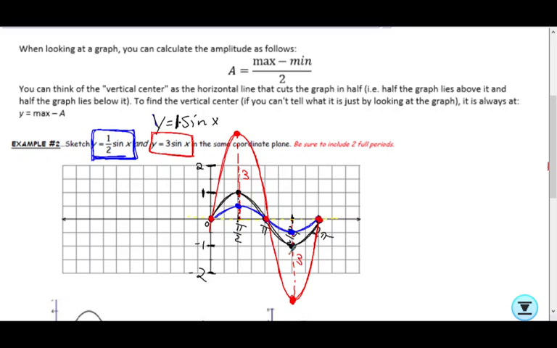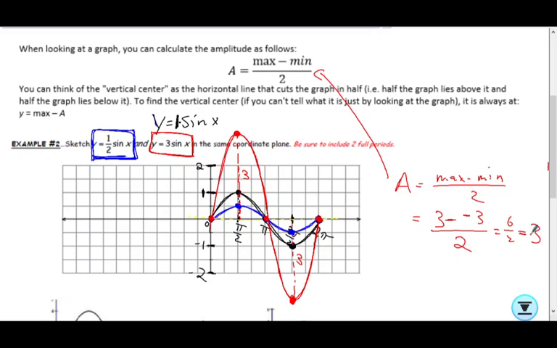And going back to this equation here, if your amplitude is your max minus your minimum divided by 2, my maximum's at 3 minus my minimum at negative 3. 3 minus negative 3, that's 3 plus 3 is 6. 6 over 2 is 3. So you can see how that equation will work. Okay? So we're going to practice a little bit.